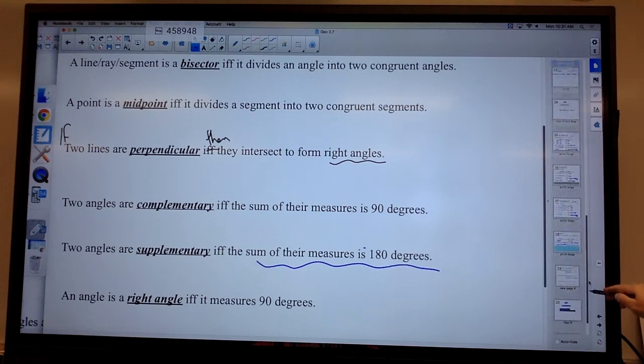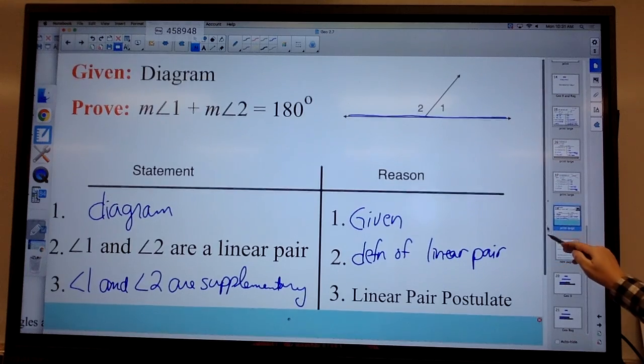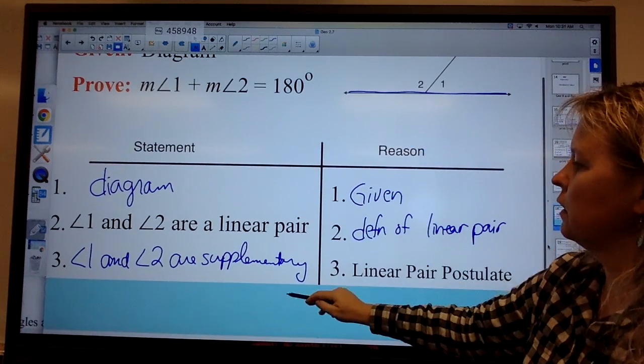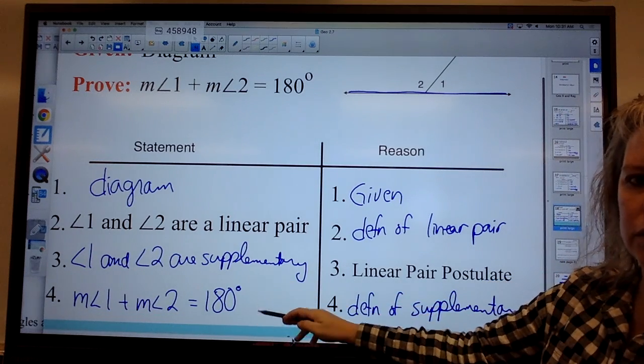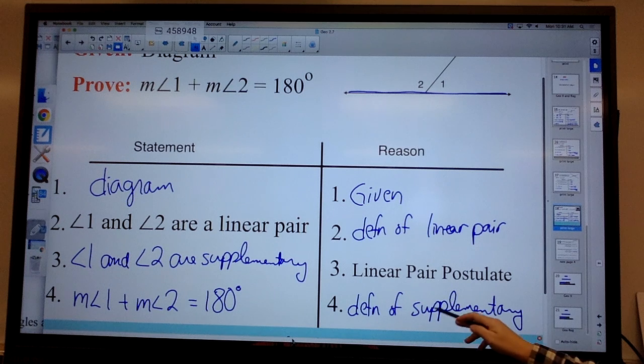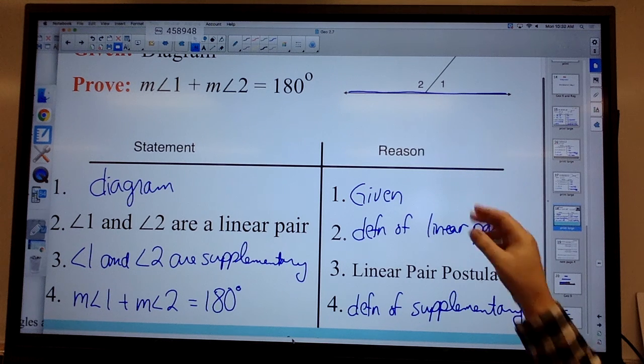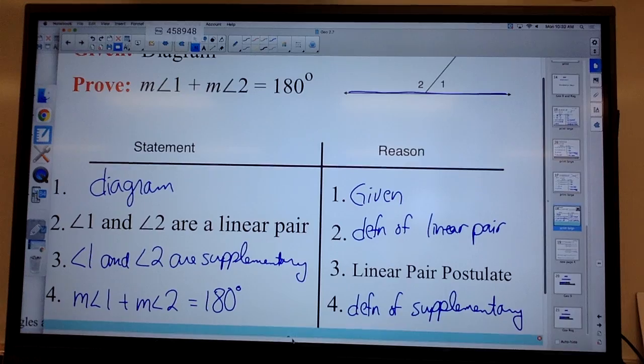We have to show that the sum of their measures is 180 degrees, just like they wanted us to prove it. Measure of angle 1 plus measure of angle 2 is 180 degrees by the definition of supplementary. 4 proofs, but not too long of steps, and they gave you some hints in between. Good luck.